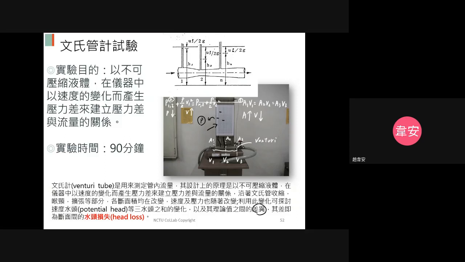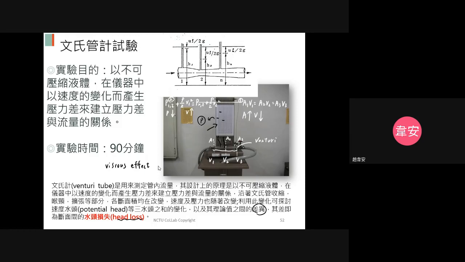So what about the difference? The difference is caused by what we call head loss. The head loss comes from, in the real case, some viscous effect. In our class, we always assume the condition where the viscosity effect is not important.